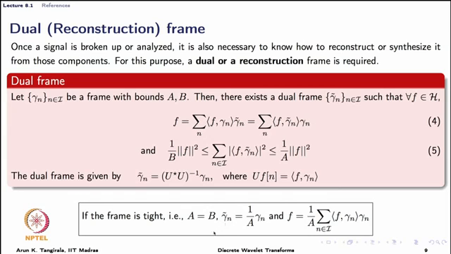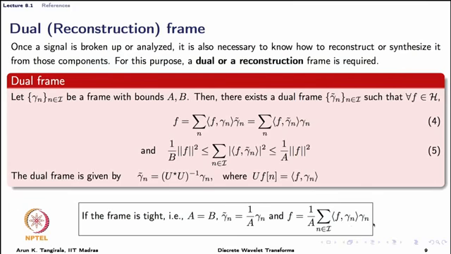So, when the frame is tight, the dual frame is simply 1 over A gamma n. What this means is my recovery expression simplifies to this. All I do is, for my gamma n tilde, I substitute 1 over A gamma, and then I get f equals 1 over A sigma, this inner product of f with gamma and gamma itself, that is it.